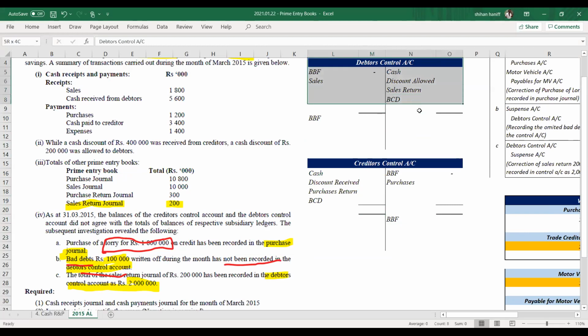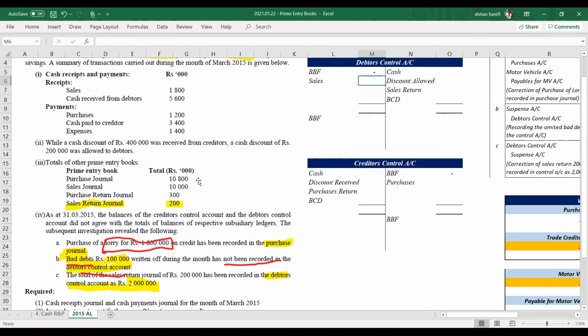Now let's prepare with the errors. So what are the errors? Debtors control account. Sales 1.8 million. So there is nothing wrong in this. Sorry, not 1.8 million.